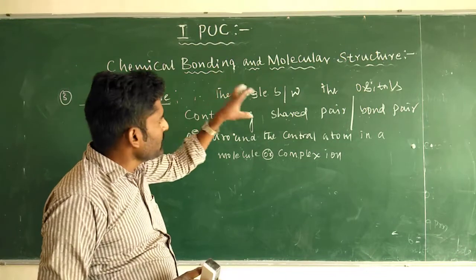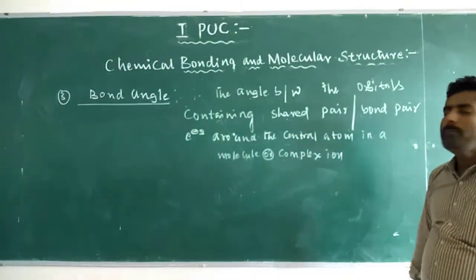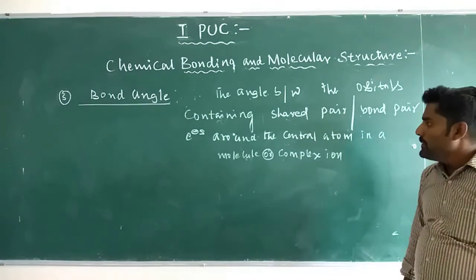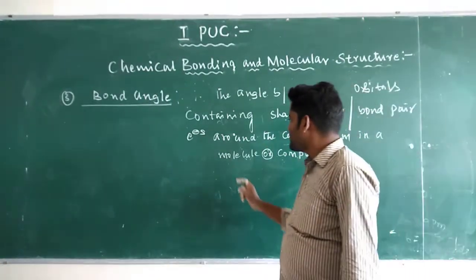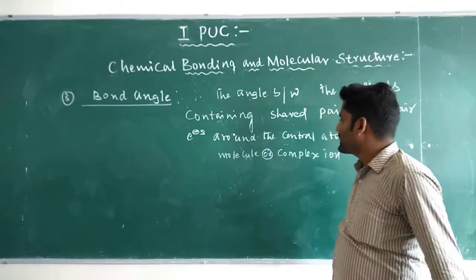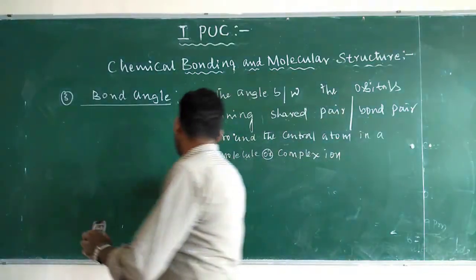The angle between the orbitals containing shared pair or bond pair electrons around the central atom in a molecular complex ion.